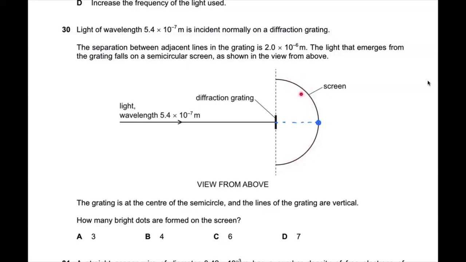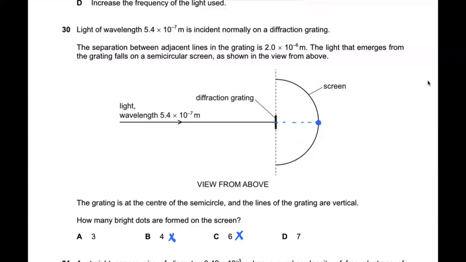If it's 2 here, it's going to be 2 and 2, 4. If it's even 3 here, 3 and 3 is also going to be 6. So excluding the central one, this would always be an even number. And because we always add the central one, the total number of bright dots is always going to be odd. So that's why I can strike out these.